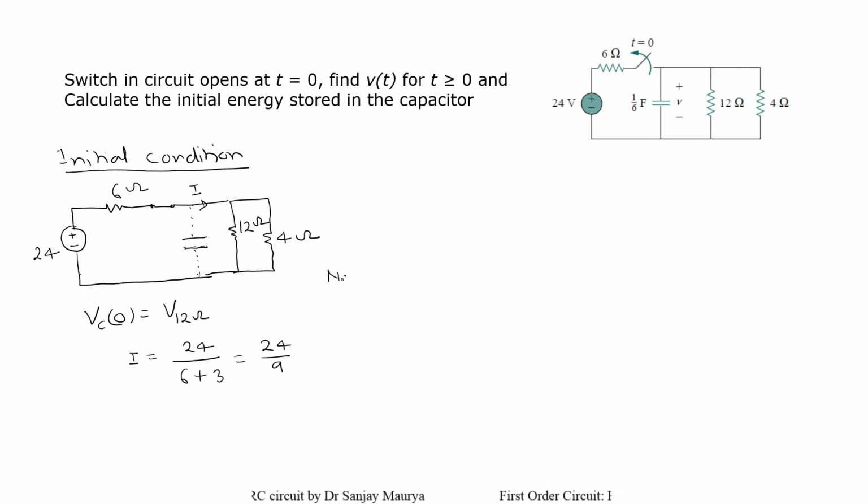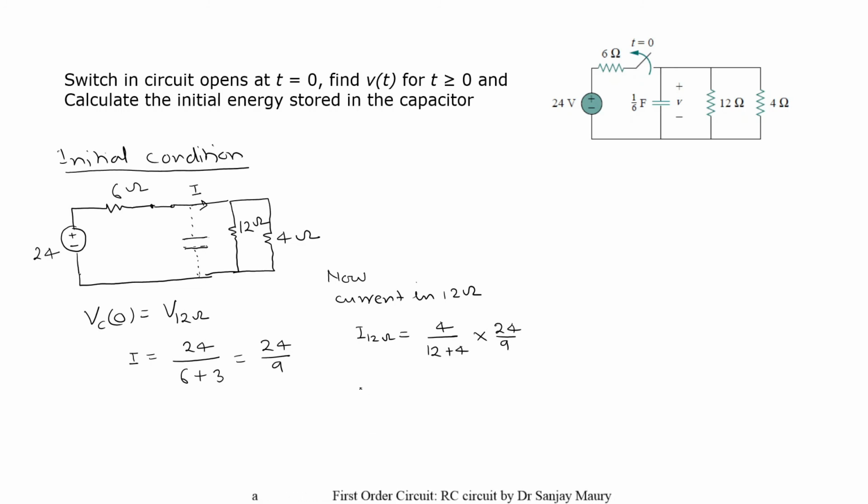Now the current in the 12 ohm, by using the current division law, will be 4 divided by 12 plus 4 into 24 by 9.